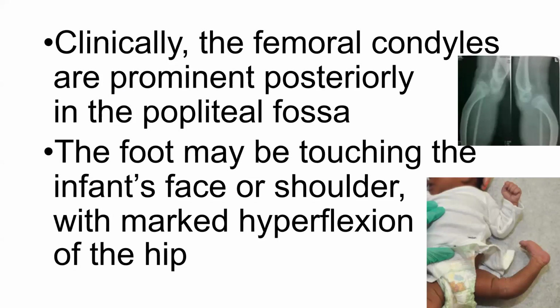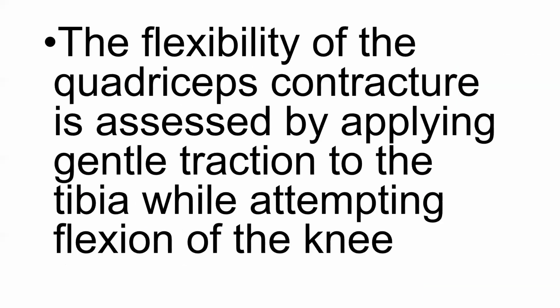Look at the photo below. Look at the foot where it is. If he flexes more, this foot might reach the face. The flexibility of the quadriceps contracture is assessed by applying gentle traction to the tibia while attempting flexion of the knee.